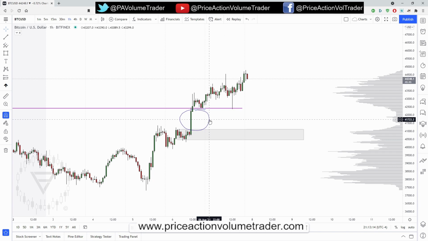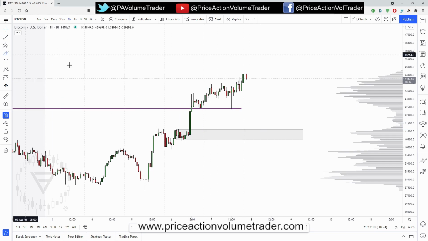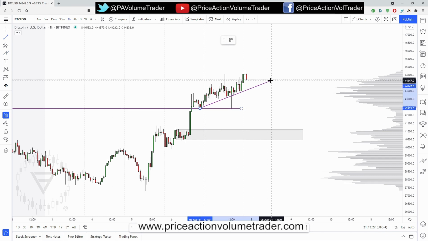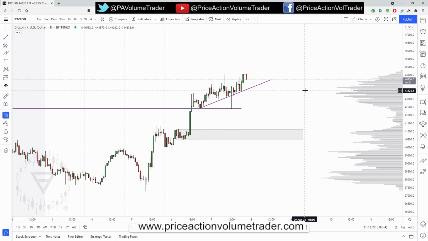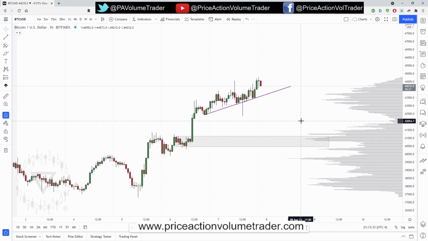So now, if Bitcoin would start having any bearish price action, maybe you can see we sort of have a little trend line going here. Let me get rid of this now. So we have this going.